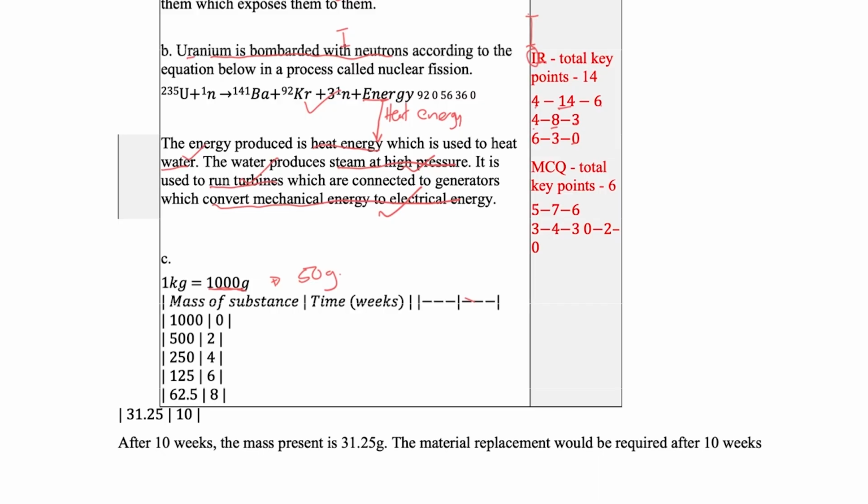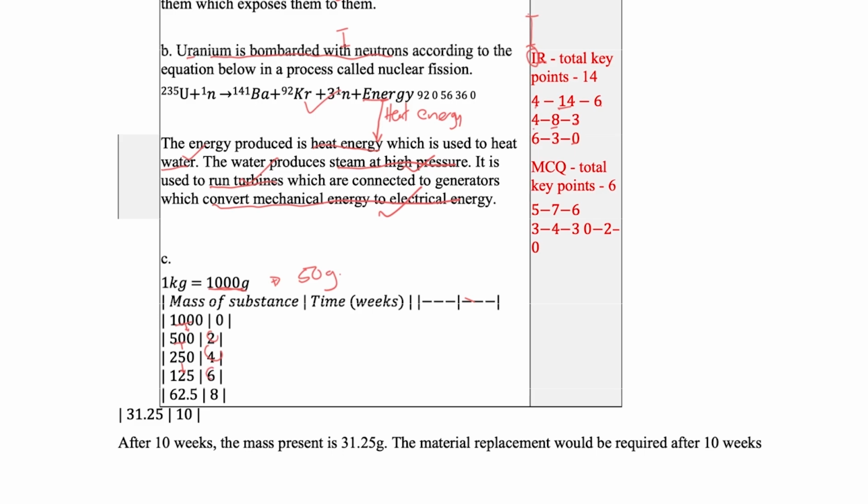So we began with our mass of 1000, half-life, half of 1000 is 500. That takes 2 weeks. From 500 we move to 250 grams for another 2 weeks, so that is 4 weeks. From 250 to 125 for another 2 weeks, that is 6 weeks.